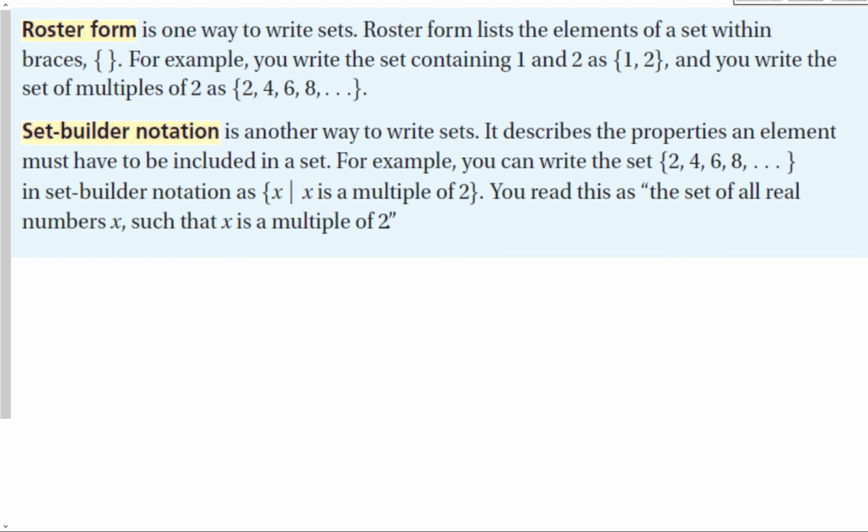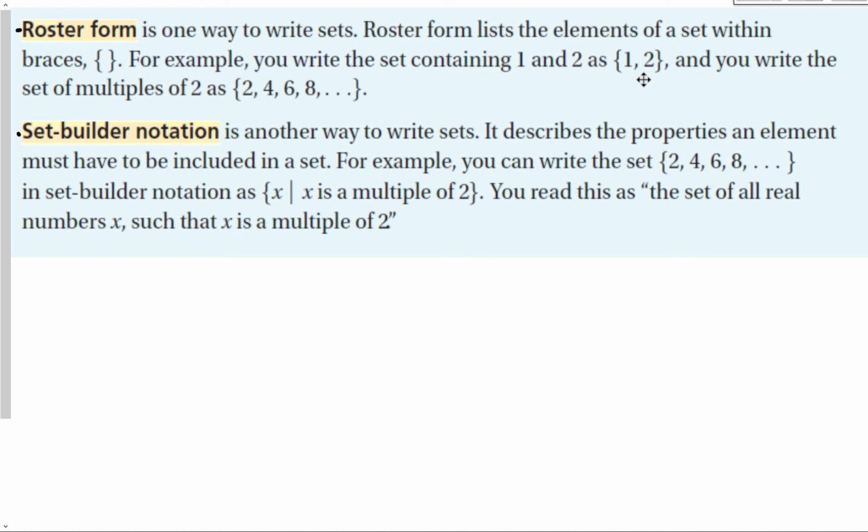So in this section, we're primarily going to be dealing with different ways and different notation of representing sets of numbers. There are two basic ways to do this: roster form and set builder notation. Roster form is one way to write sets. Roster form lists the elements of a set within two braces. For example, we write a set containing 1 and 2 as {1, 2}, just like this, with our two braces right there.